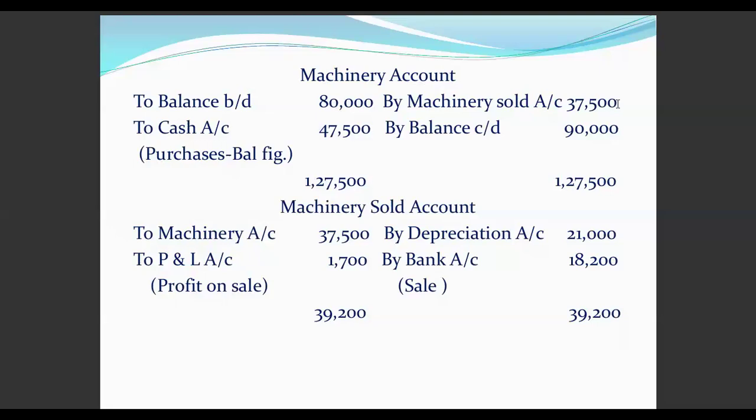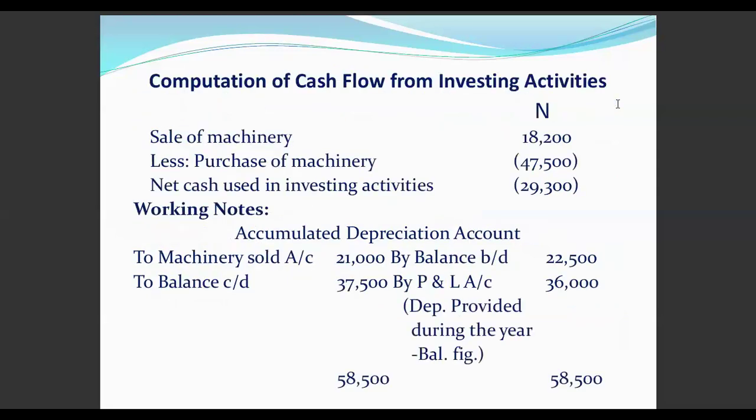Now we have second transaction about sale that is machinery of 37,500 having depreciation 21,000. We sold it at 18,200. So only we are regarded towards sale that is 18,200 and hence we have the cash flow of 29,300.